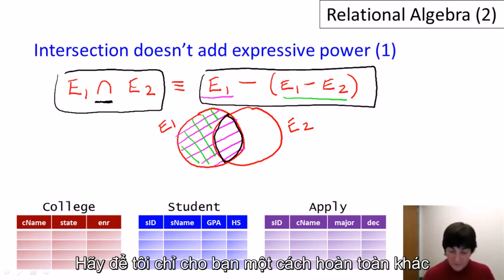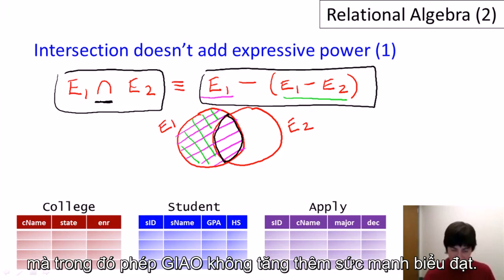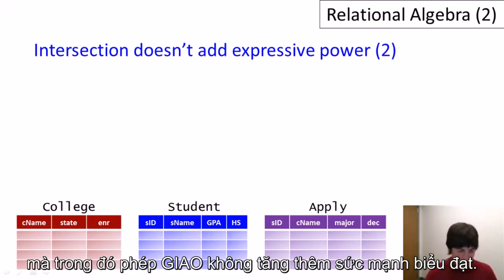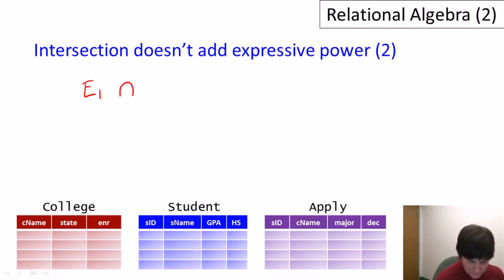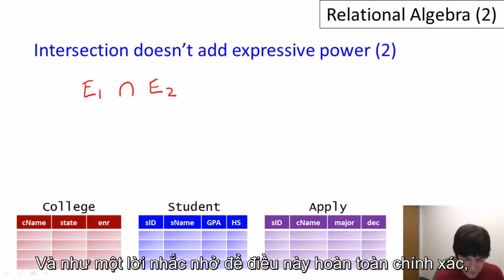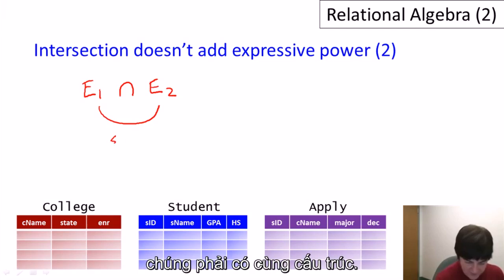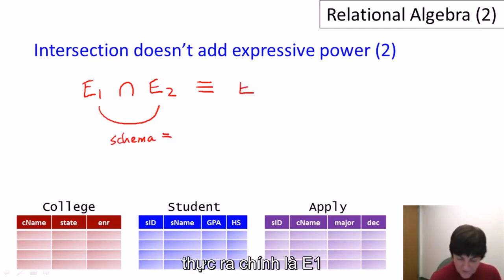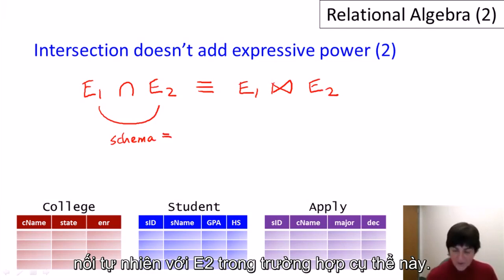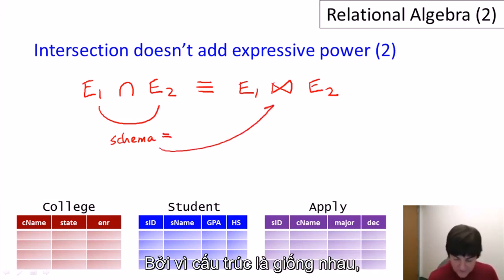Let me show you a completely different way in which intersection doesn't add any expressive power. So let's go back to E1 intersect E2. And as a reminder, for this to be completely correct, these have to have the same schema. E1 intersect E2 turns out to be exactly the same as E1 natural join E2 in this particular case, because the schema is the same.